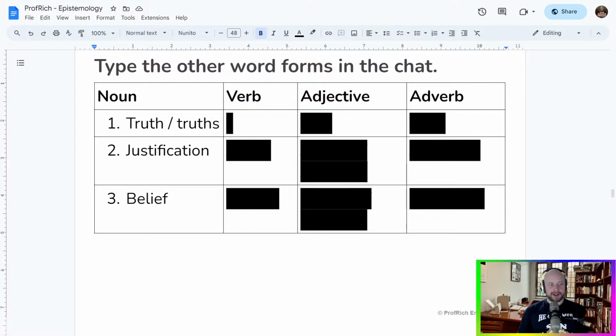Justification can be, well, I went to the shops, I bought 12 oranges. I have a memory of doing that. So I know that I bought 12 oranges, and I know that I ate one and my wife ate one. So now I have a belief that we have 10 oranges, and I can justify that belief with my memory of buying the oranges and my memory of eating one and my wife eating one.